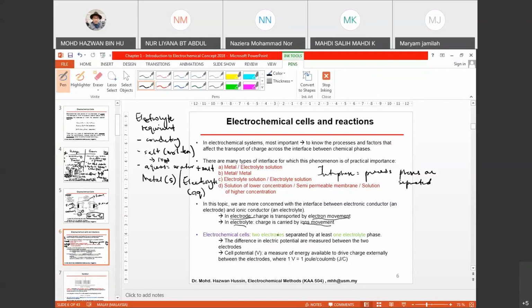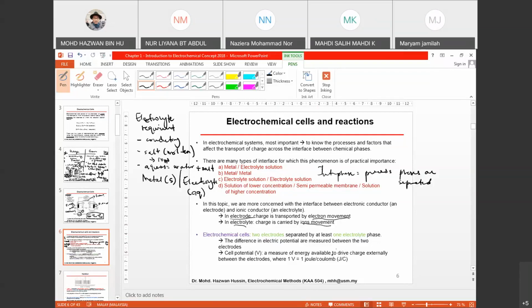Meanwhile, in electrolyte, the charge is carried by ion movement. So an electrochemical cell has two electrodes separated by at least one electrolyte phase. It can be two electrolyte phases if it is a galvanic cell.